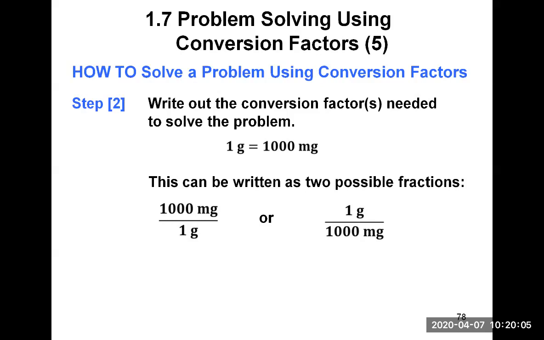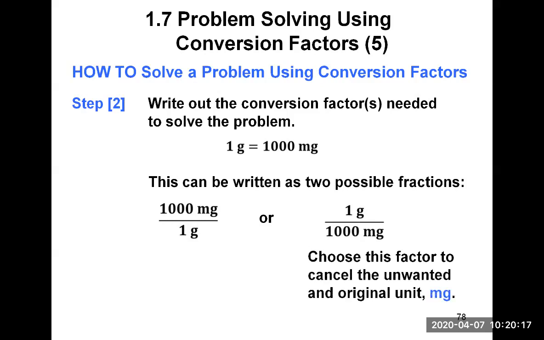Because we start with milligrams, we want to cancel milligrams. So you want to choose the conversion factor that has the milligrams on the bottom, so that they will cancel with the given milligrams. So the 325 milligrams, the milligrams will cancel with the 1,000 milligrams.